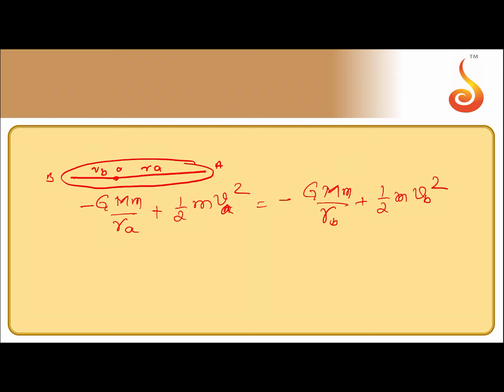Right? And because it is a system in which the external torque is 0, we can conserve the angular momentum. So upon simplification, angular momentum L is given by m into Vp into Rp at any point, that is B. So mass into velocity at B into Rb.